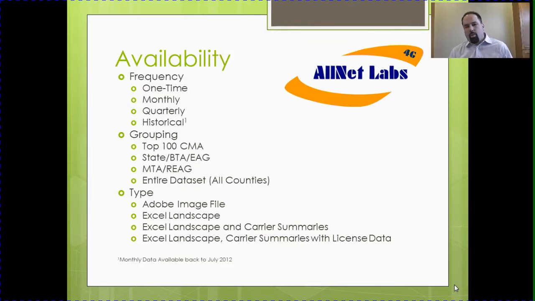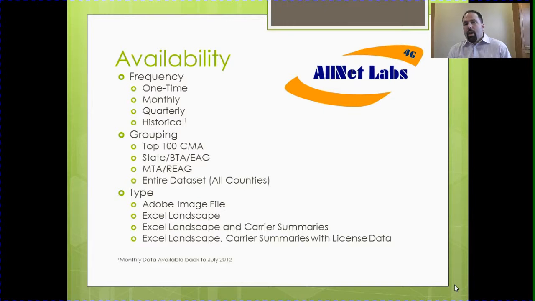The next report I would consider to be the small market report of either a state or BTA level of the counties, and the large market report would be an MTA level, multiple states and all the requisite counties. And then obviously I think the best value is the entire data set, which is all of the counties. And you can get this delivered in a variety of formats.